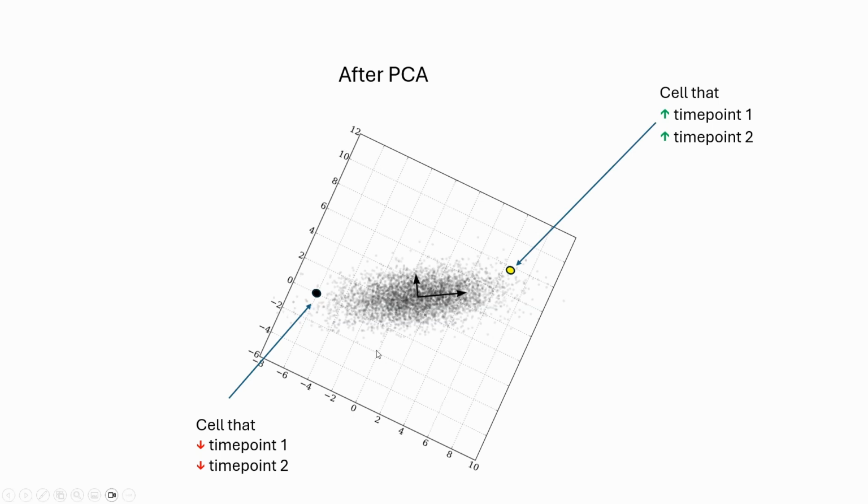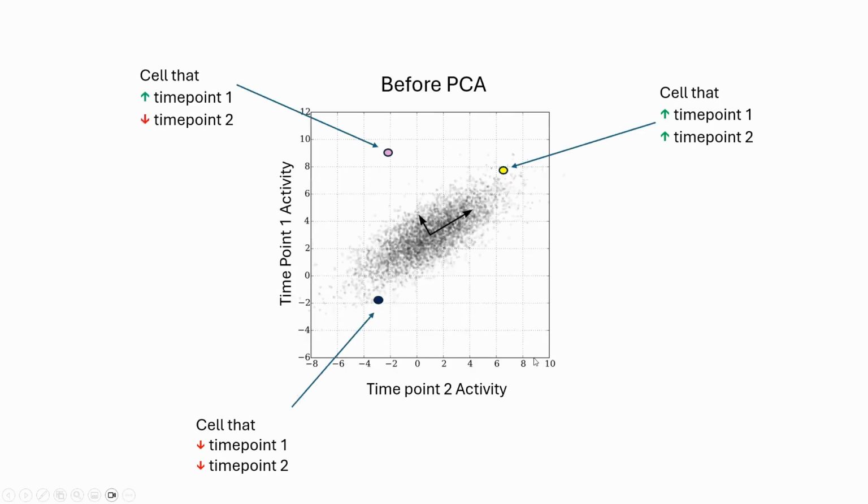Because here, with our original axes, to define a cell, to define a point, you'd have to know both time points' activity, right?